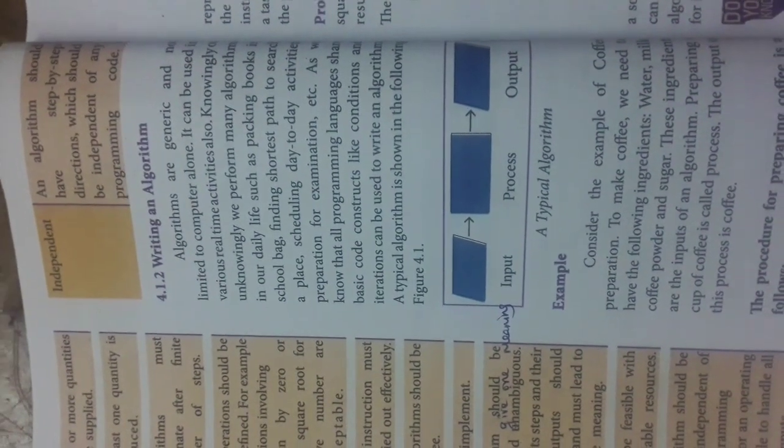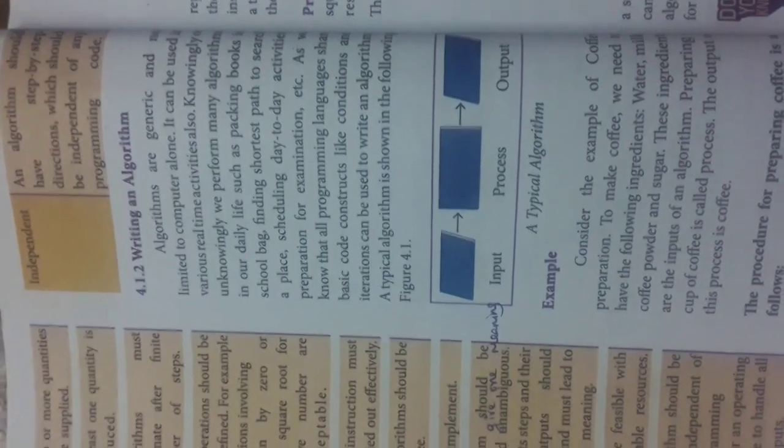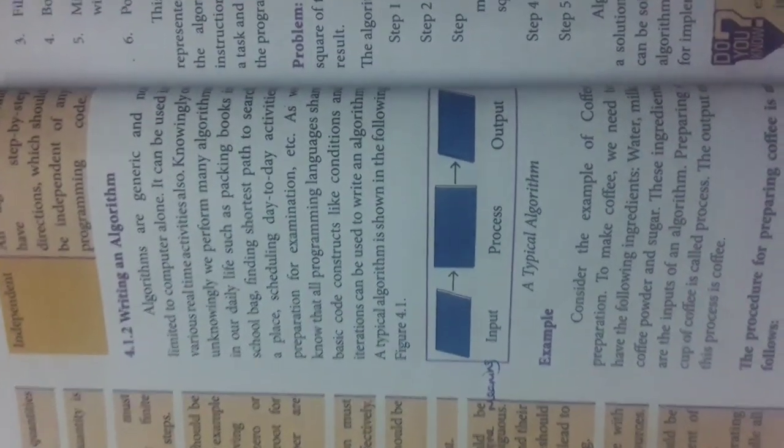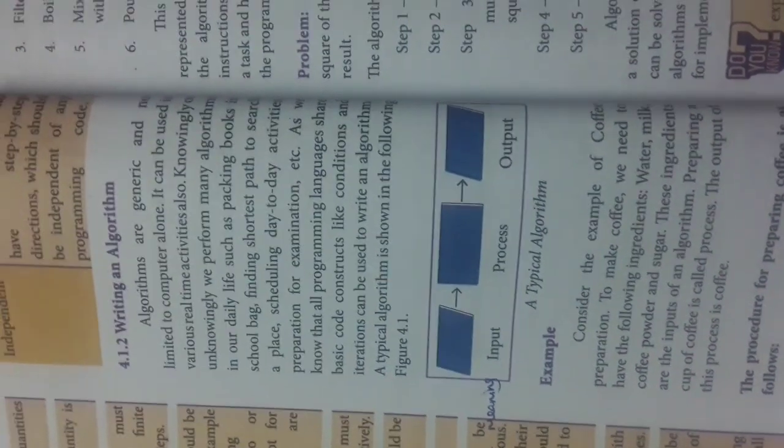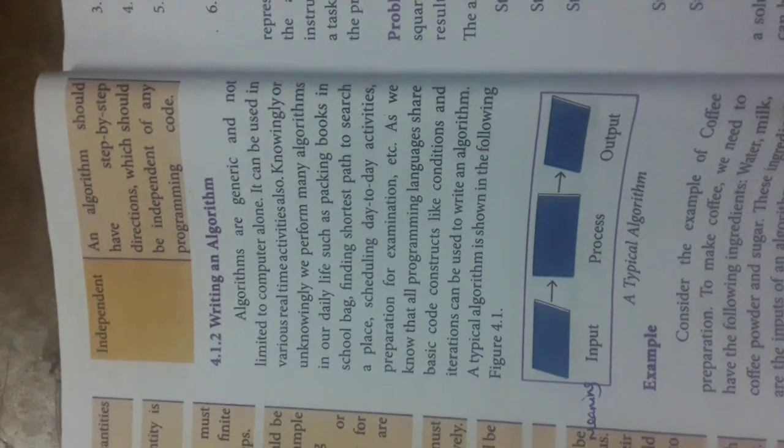So when you go for writing an algorithm, what are the steps for that? Input has to be given. That input has to be processed. After processing that input, the desired output should come. This is the step of algorithm. For example, if you take an example of adding two numbers, first you have to give input, two variables have to be defined.